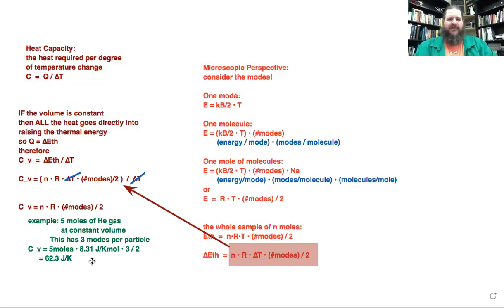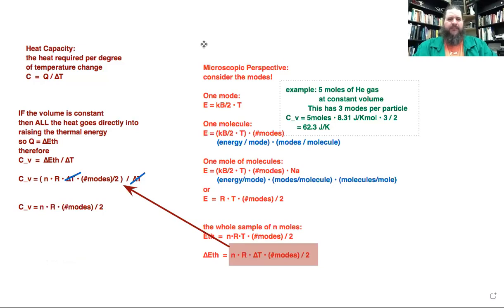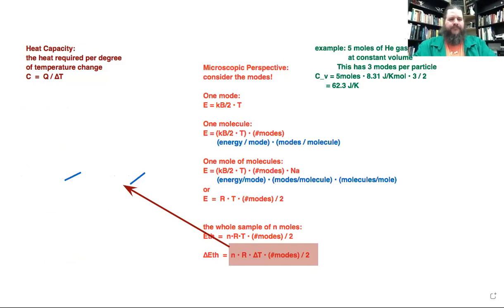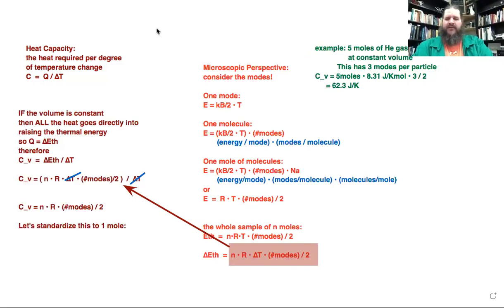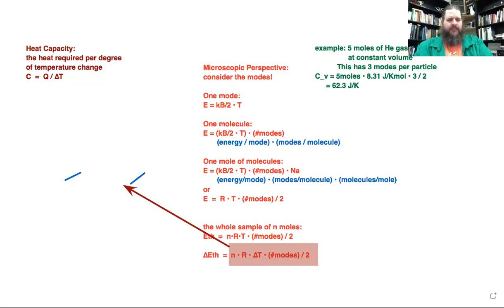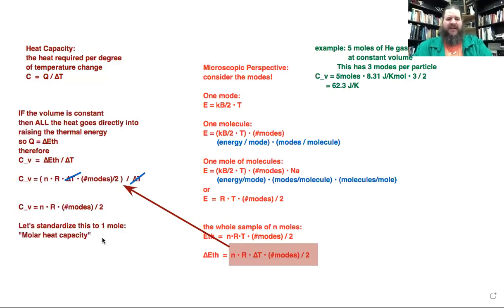So if we want to standardize this, let's standardize this to 1 mole. And we call this the molar heat capacity, or sometimes the molar specific heat.